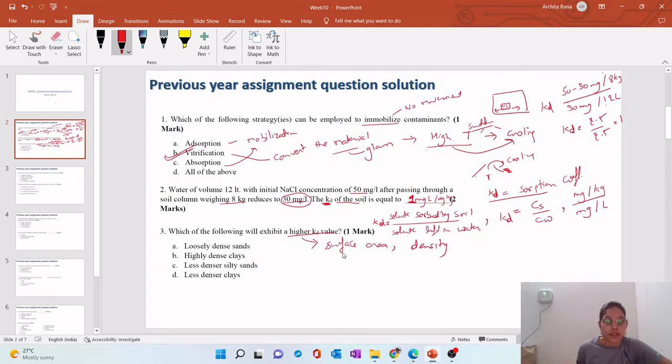When we look at surface area, if a geomaterial has higher surface area, there is high sorption, a high chance that it absorbs a solute or a contaminant. Similarly, if it has low density, it means it is less compact. It means there is a high chance of sorption compared to if it is very compact.